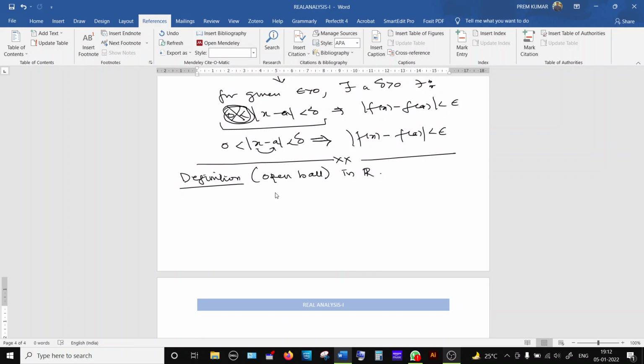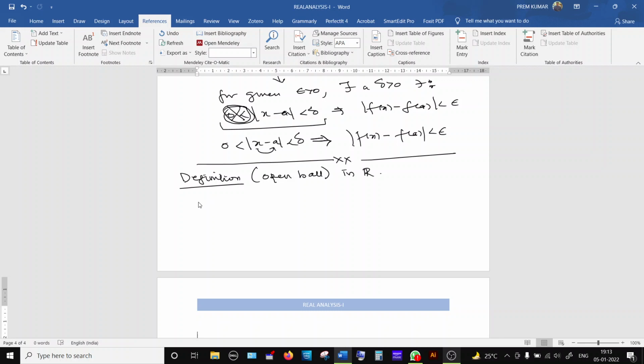But beyond 3 dimensions, up to the power 4, we can't visualize it. Up to 3 dimensions I can visualize what an open ball is; all other higher dimensional spaces we can't visualize. Finally I will generalize it for a metric space.